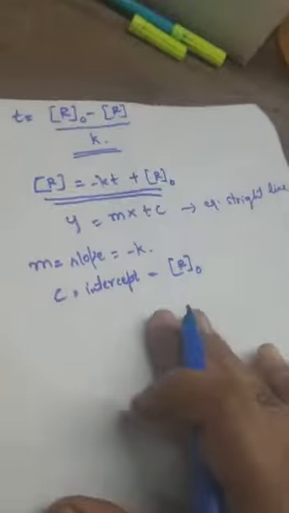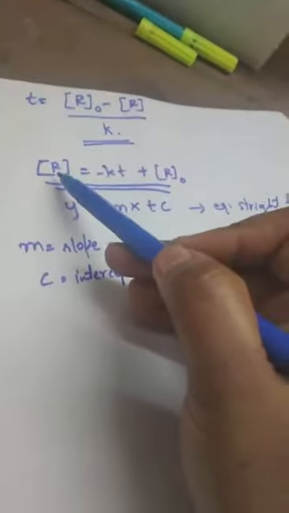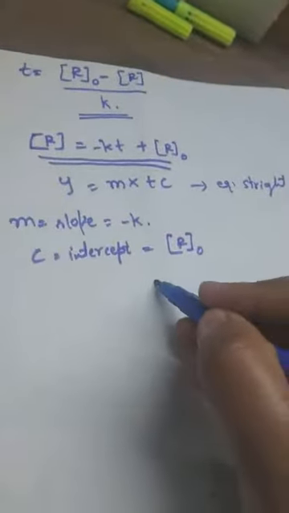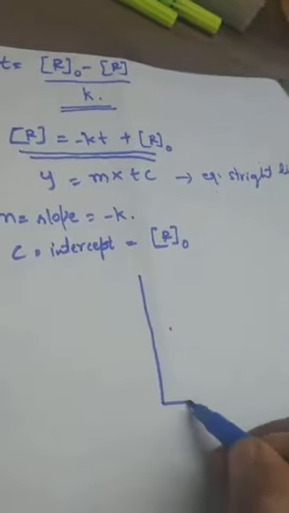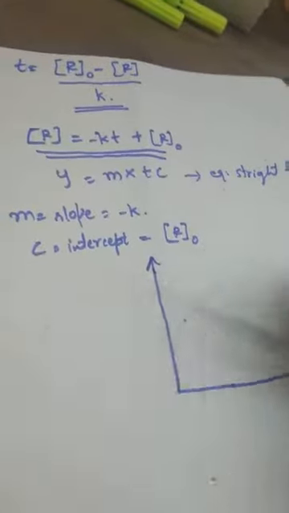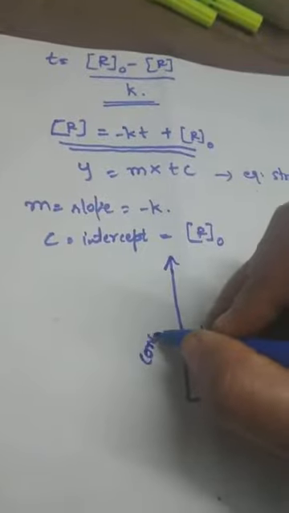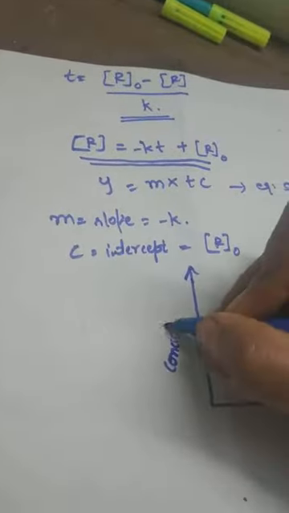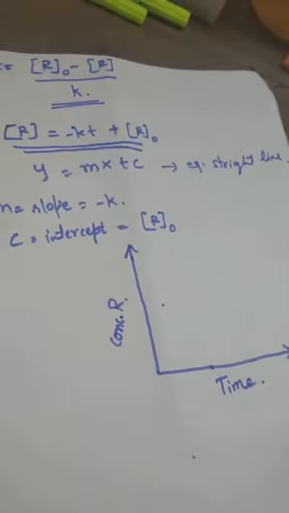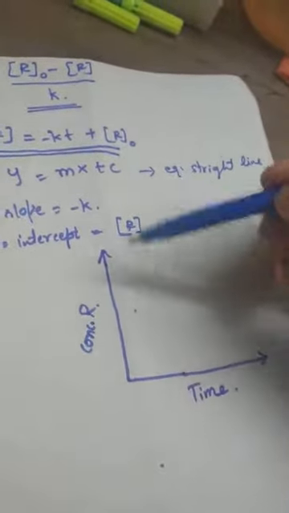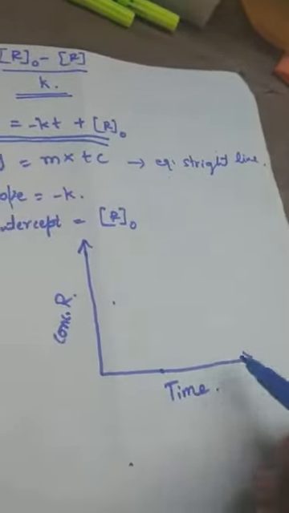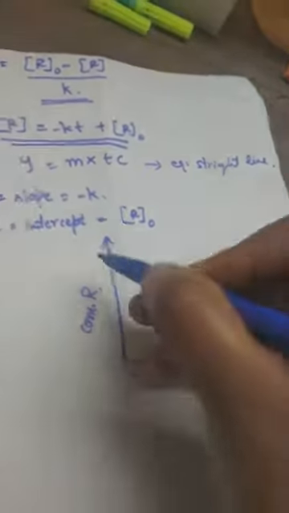Okay, so if you plot the graph of concentration of reactant versus time, here is the concentration of reactant, here is time. As time passes, time increases like this.